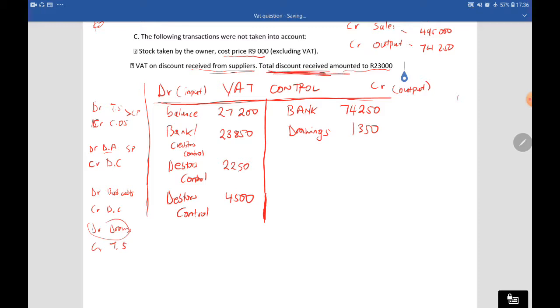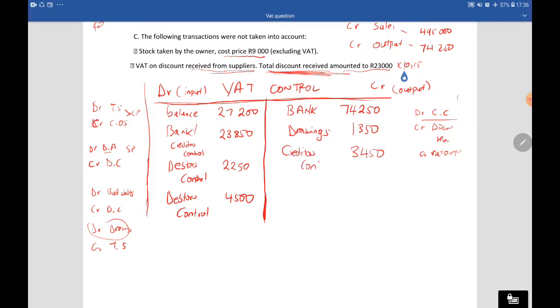So you calculate its VAT, which is 3,450. Now what was debited? When we receive a discount, because we were owing them, we now debit creditors control, right? And we had credited discount received as an income, and we credited VAT output. Therefore our contra account is creditors control.